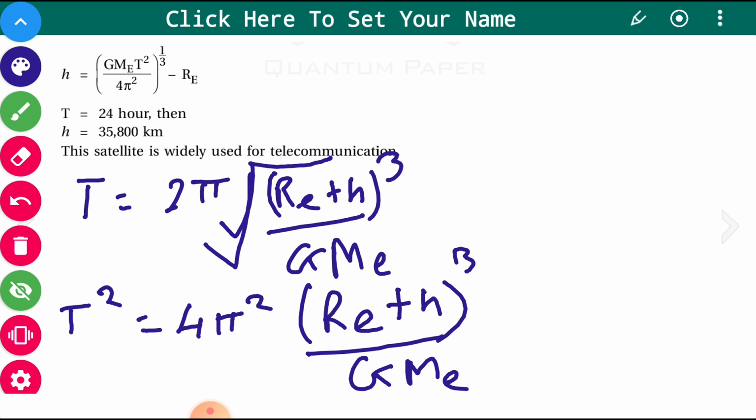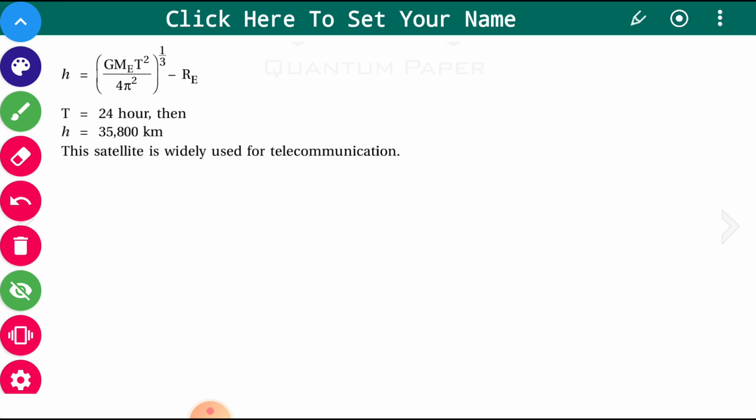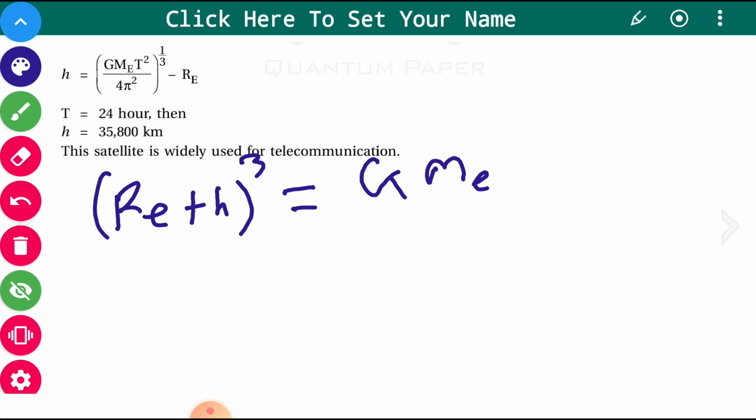Now if I make RE plus h cube the subject of the formula, we get RE plus h cube equal to GME T square upon 4 pi square.